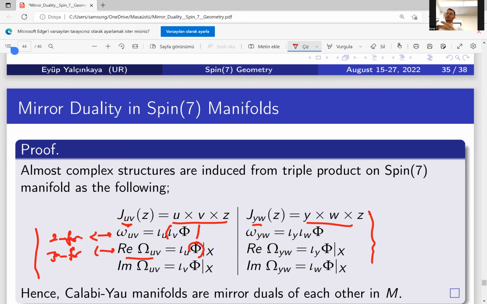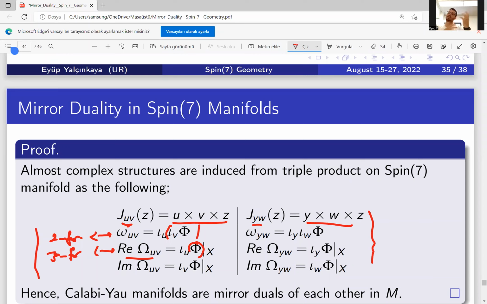So what did we do? We start with the spin 7 manifold. We know that with two-plane vector fields we can construct a Calabi-Yau manifold. Now, if you have four vector fields, you can separate them into two pieces. We have two different Calabi-Yau manifolds that are mirror dual to each other.